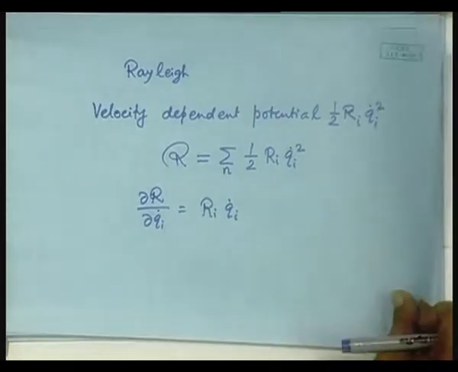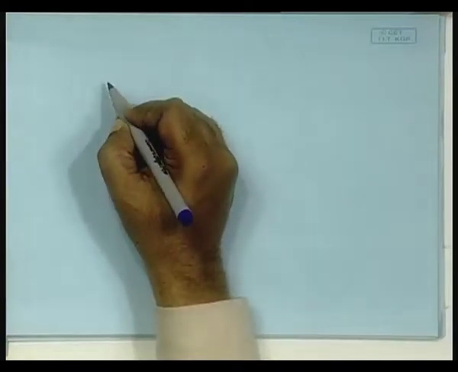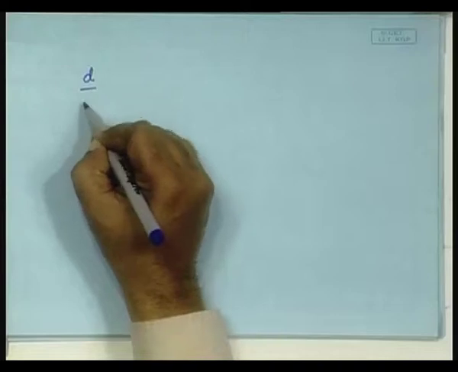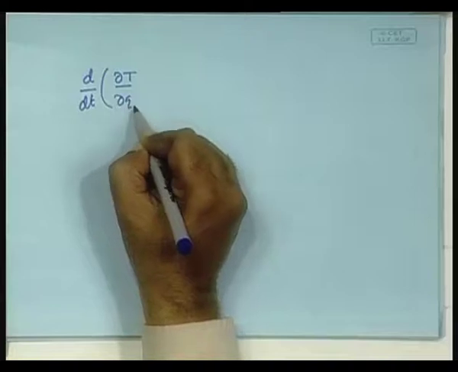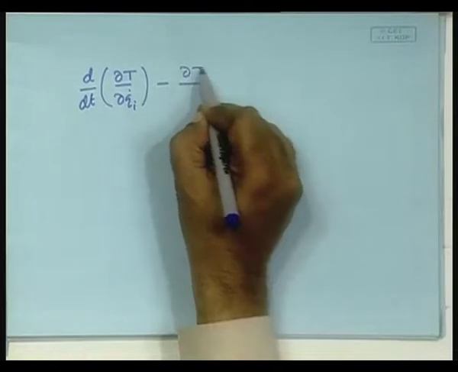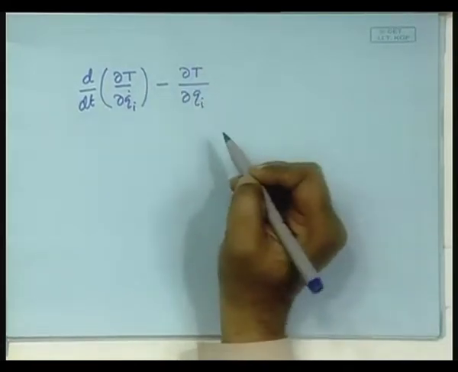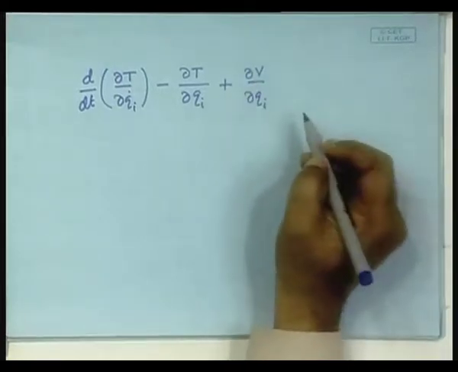Now, recall how we proceeded to obtain the Lagrangian function. If you go back to the page where I was deriving the equation, there was a stage where you have d/dt of the partial derivative of T with respect to q_i dot, minus the partial derivative of T with respect to q_i, plus the partial derivative of V with respect to q_i.